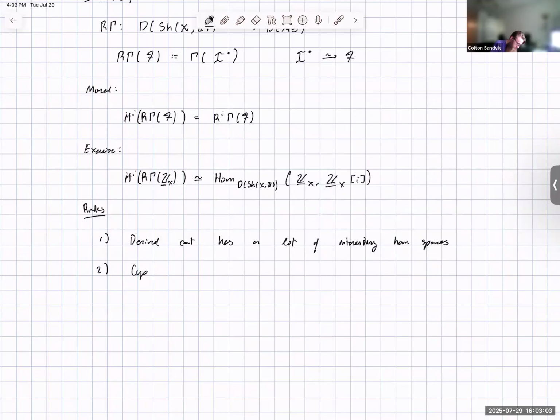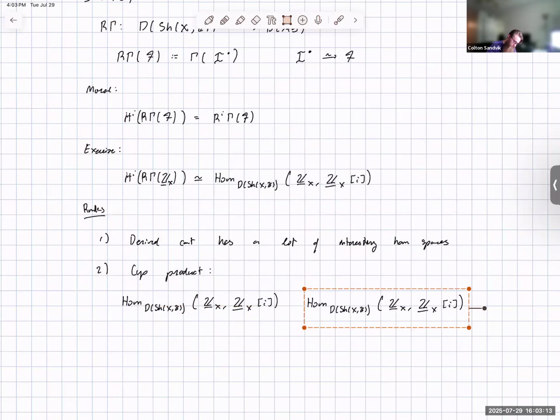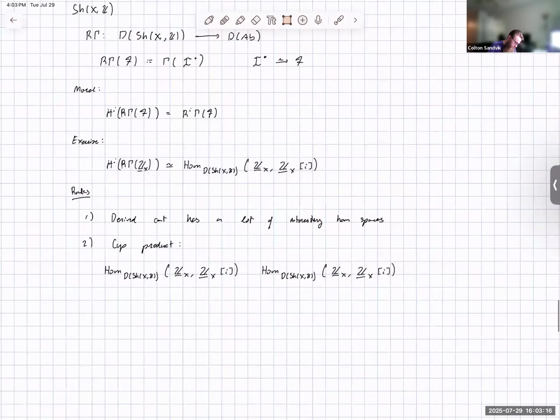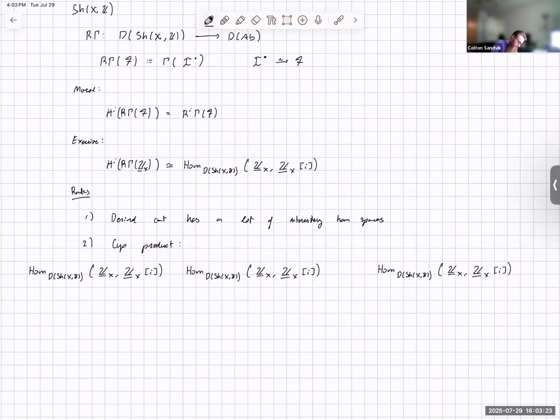So the cup product will correspond to, well, if we have a g and an f, we can map this to, we need to shift g by j and then just compose it with f.